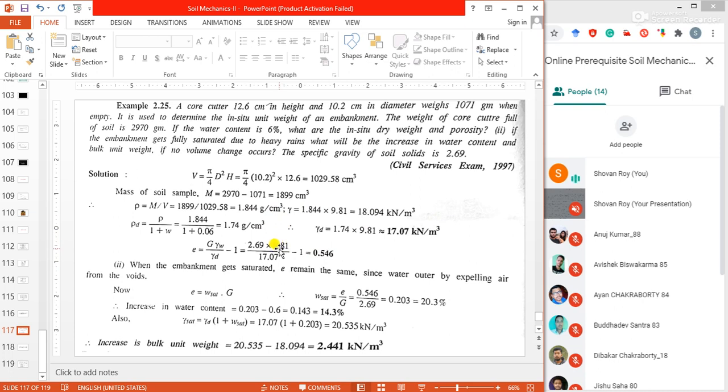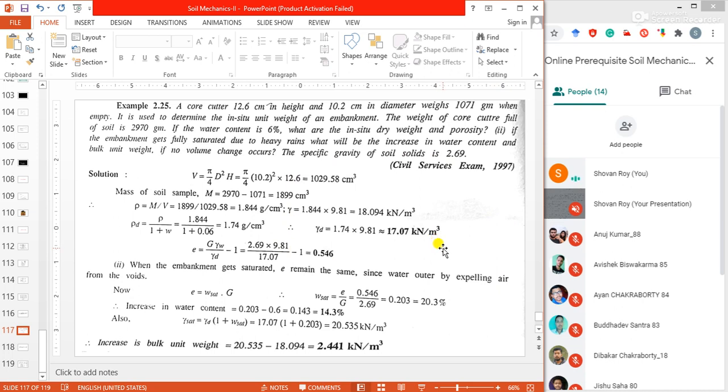When your unit is kilonewton per meter cube, the unit weight of the water would be 10, and when your unit is gram per centimeter cube, the density of water would be 1. And in fluid mechanics you have seen, when your unit is kg per meter cube, you have to take 1000 kg per meter cube for the unit weight or density of water.